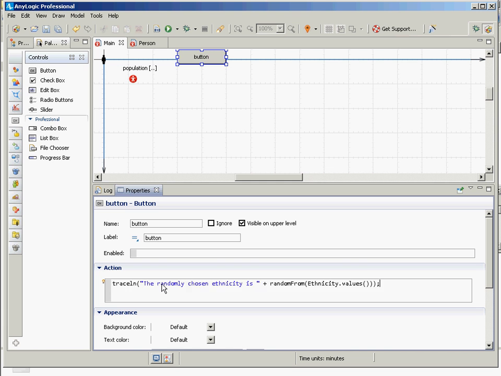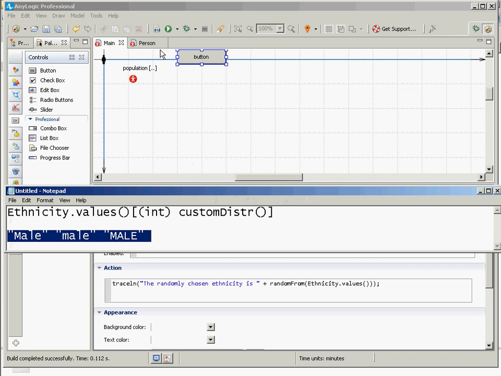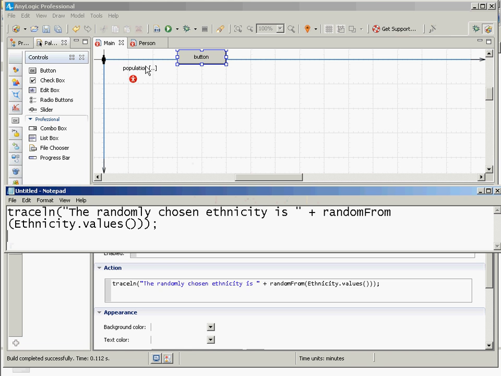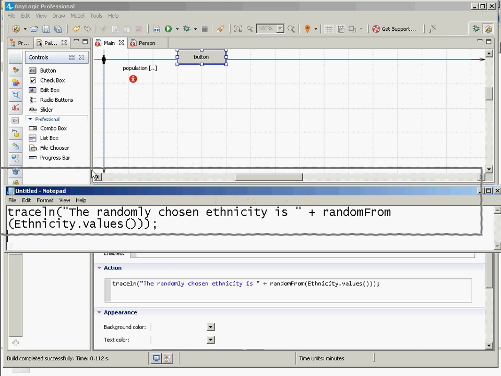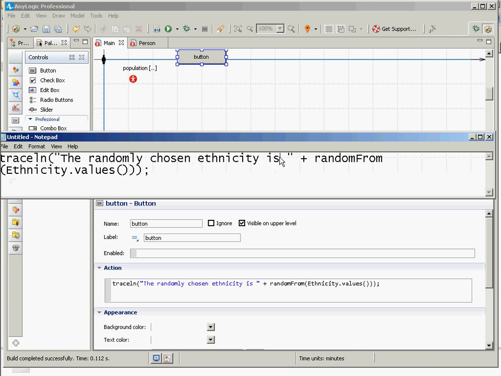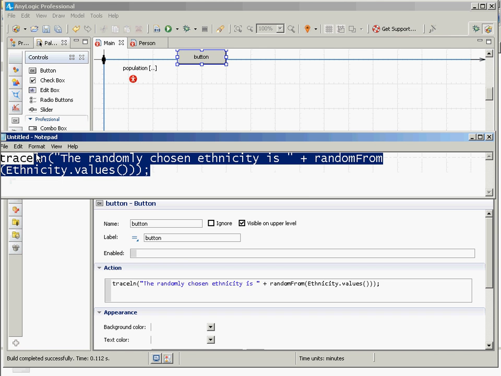I'll put this up on the big screen in just a second. So this is what I put. I'll make this a little bit smaller so it fits in one line.